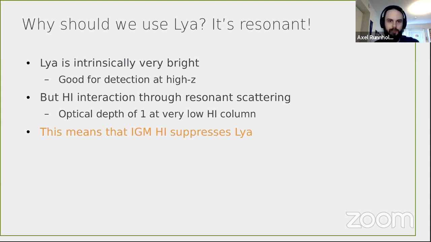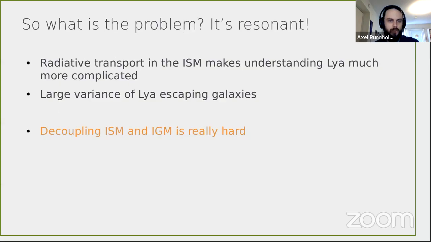Okay, so then the follow-up question is, what's the problem? This should be easy. Well, the same thing that makes Lyman Alpha useful for studying reionization is also what makes it hard, because the resonant nature of the line means it undergoes a lot of radiative transport within the galaxy itself, within the ISM, and understanding Lyman Alpha output then becomes much more complicated.